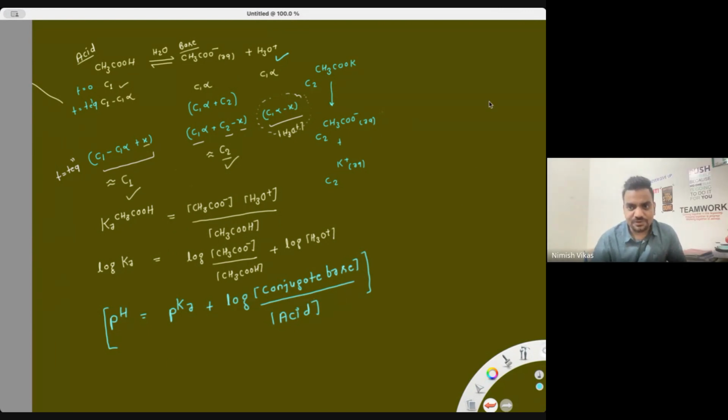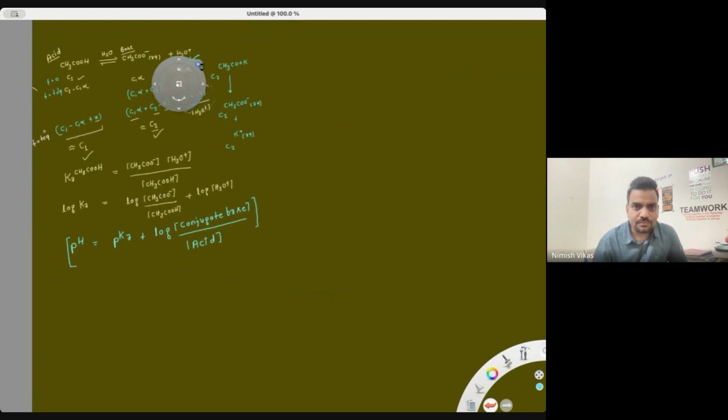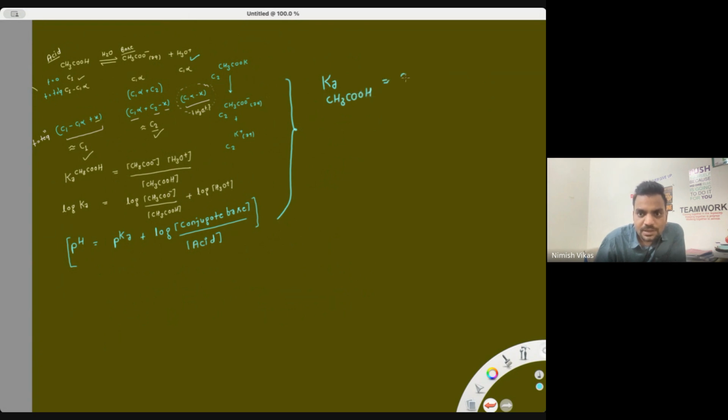Now let's see a few questions on it. If Ka of acetic acid is 2 into 10 raised to the power minus 5, then what will be the pH of 0.1 molar acetic acid and 0.01 molar sodium acetate aqueous solution?